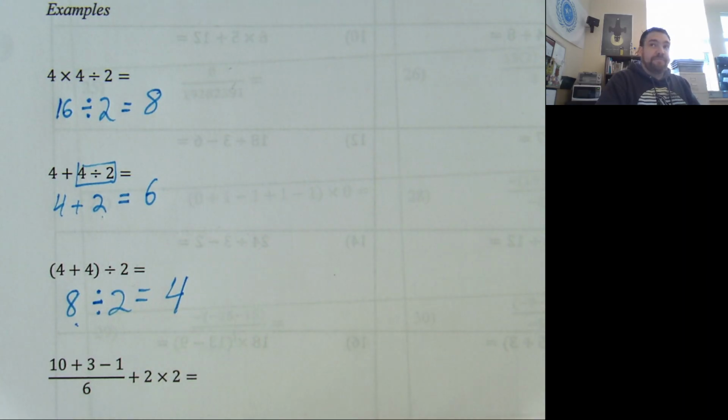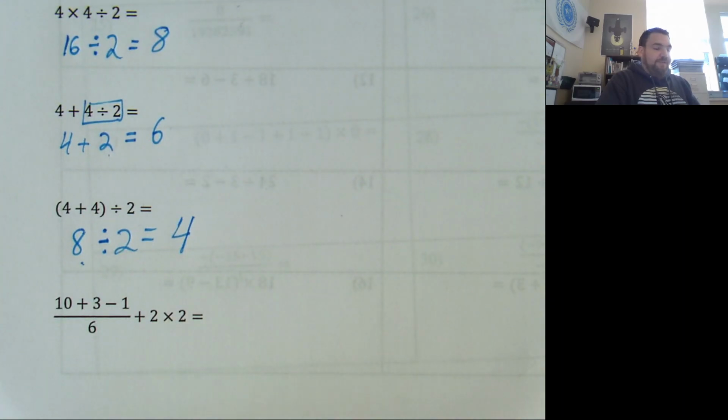And the last one. We need to be careful with things like the last one because it is making a big assumption about how you read it. When you have a bunch of math going on inside the numerator of a fraction, there is an invisible set of brackets there. And if it helps, I want you to draw them in.